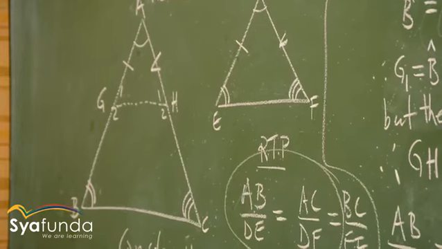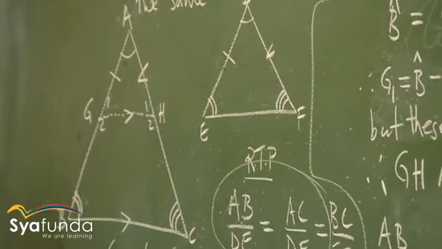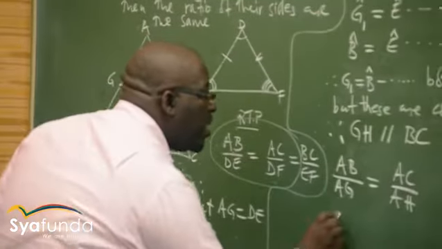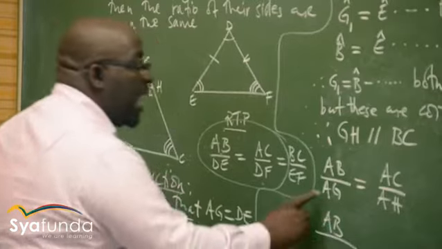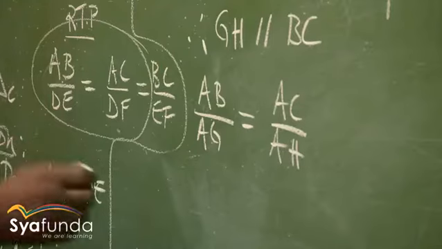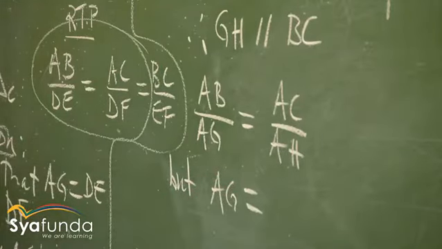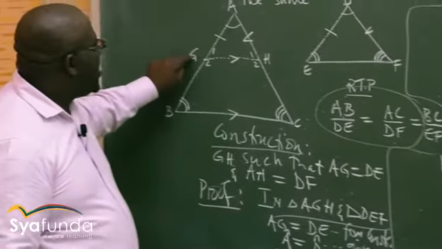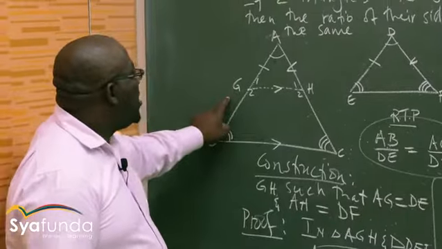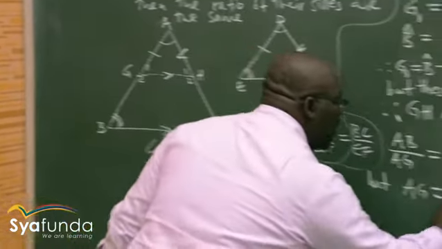We can remember from our proof, these two now are parallel. So we indicate all these things. We're saying AB over AG. Let me not conclude, let me just get it first. AG, in terms of our construction, is equal to what? AG is equal to DE.